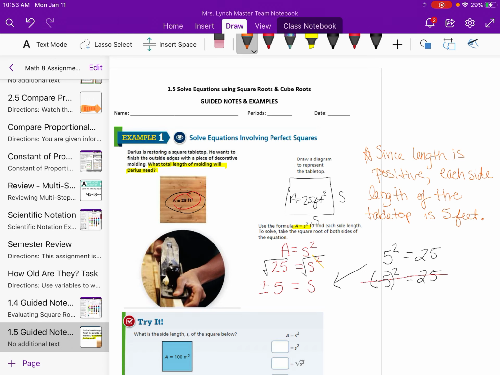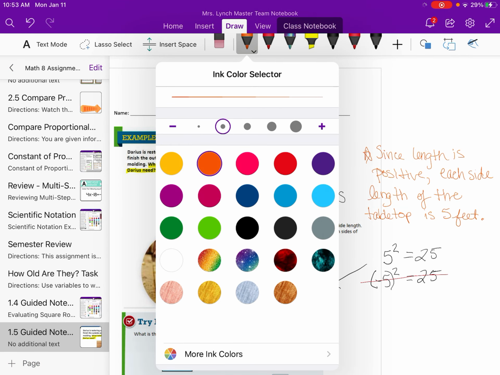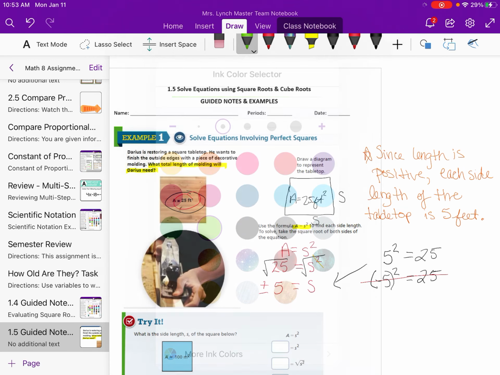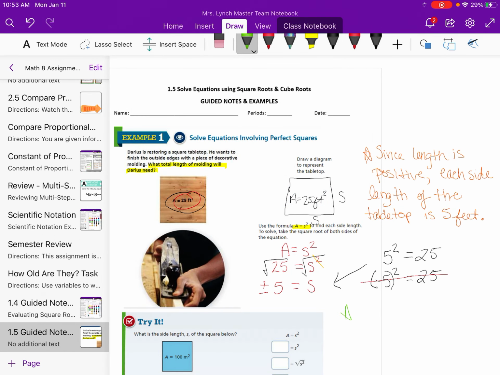If there are 4 sides and each side is 5 feet, how much does he actually need? We'll do green. Again, 4 sides, 5 feet each. So Darius needs a total of 20 feet of molding.